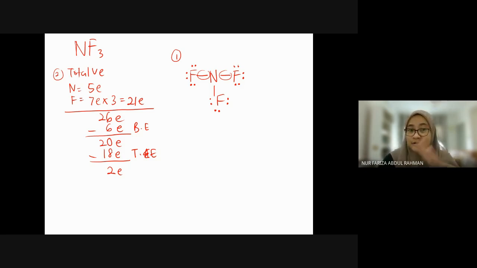Normally mother will sacrifice everything kan. So last kali baru dia dapat that electron. Okay, dia bagi dulu ke anak-anak dia. Okay, so 2 electron will be given to the nitrogen. So we place the 2 electron on nitrogen. Okay, so this is how it looks like.